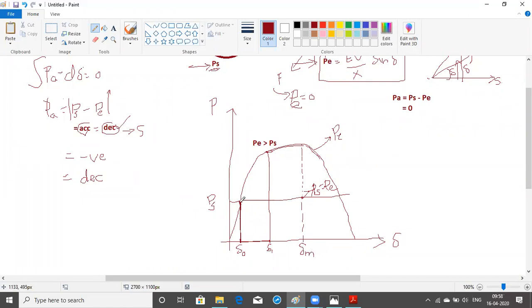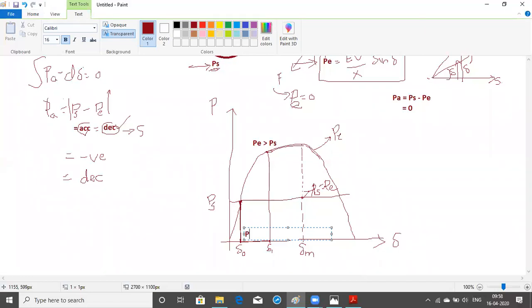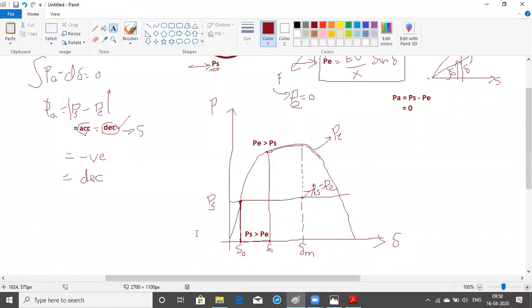See, we have two conditions. In this condition, PS is greater than PE.